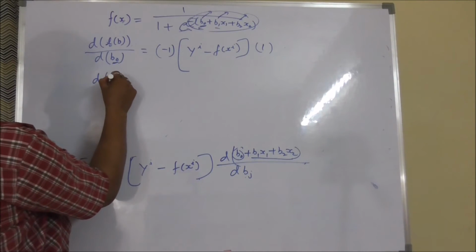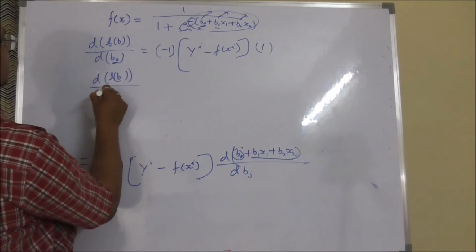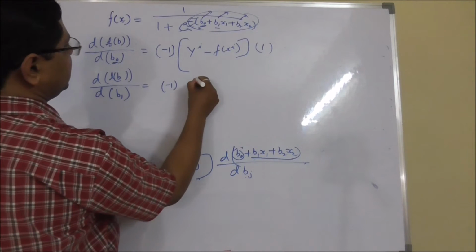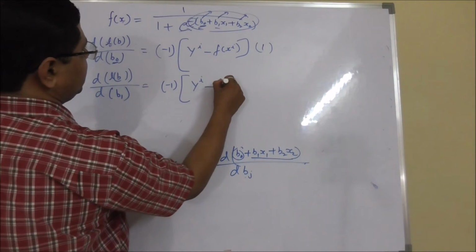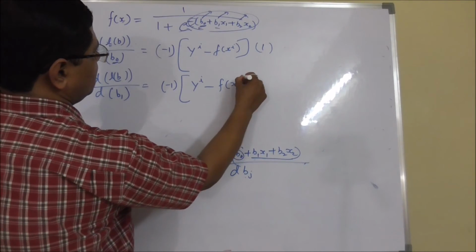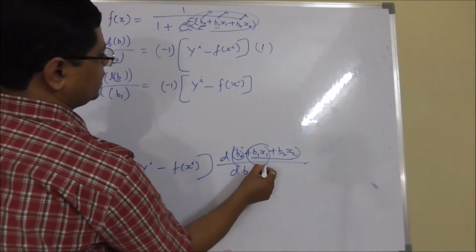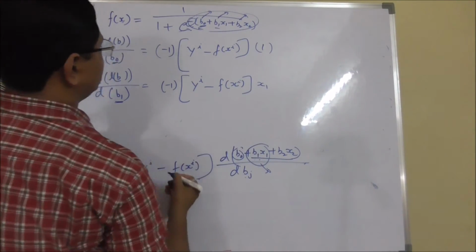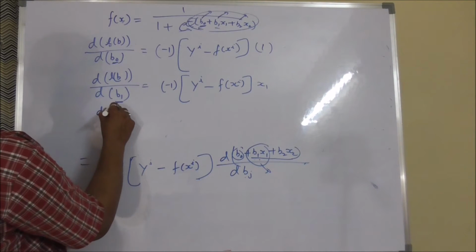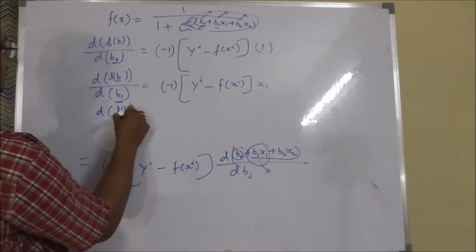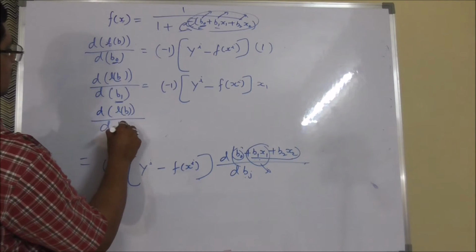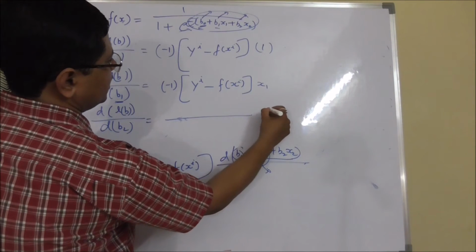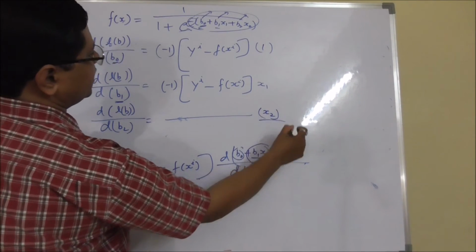Similarly, when we take the derivative with respect to b1, the entire part will be the same except this part, which will participate, so it will be equal to x1. Similarly for b2, the entire part will be the same. The only difference is the use of x2.